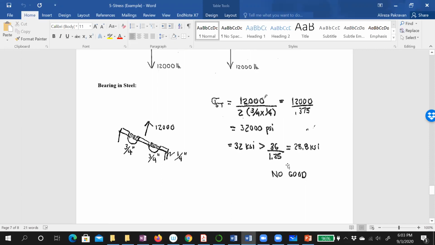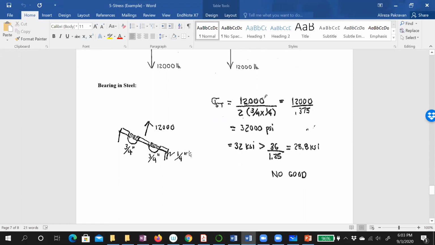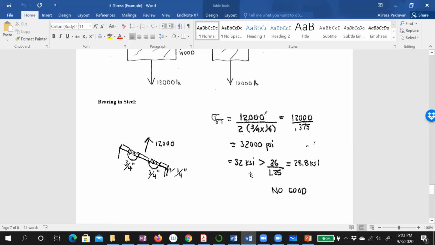So what do you think? As an engineer, how can we figure out this problem? Because right now it's unsafe. Need thicker steel. Say that again. I think we can increase the area. You are right, increase the area. What area?